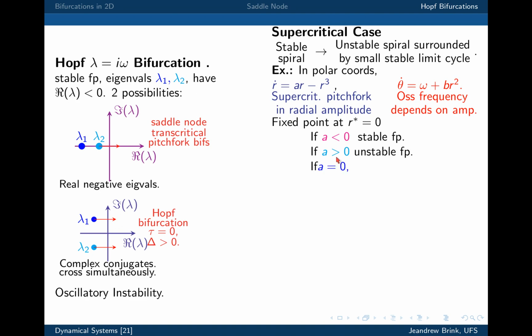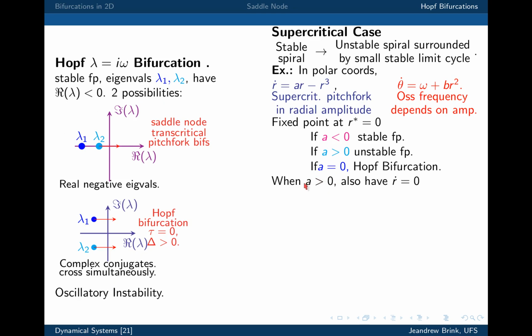And if a is equal to 0, linear analysis will give you an indeterminate case. But if a is equal to 0, then this cubic term becomes important, and you still have a very weakly stable fixed point. But the Hopf bifurcation is also the bifurcation point because it's where the stability changes. So then one more thing.